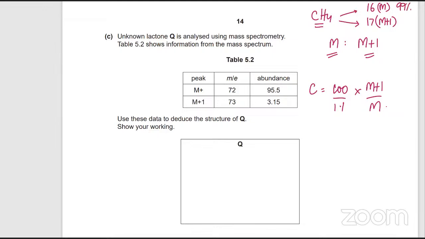Or 17 आने के chances बहुत कम है. That's 1%, right? So based on this ratio, you can tell the number of carbon atoms in a molecule. So you're given the M+1 to M ratio. तो उसको plug in करो, you'll get 3.15 divided by 95.5. तो कितना आ रहा है? What is that?